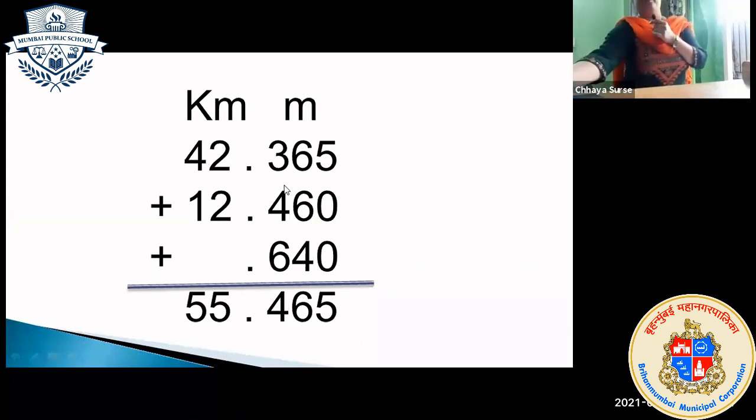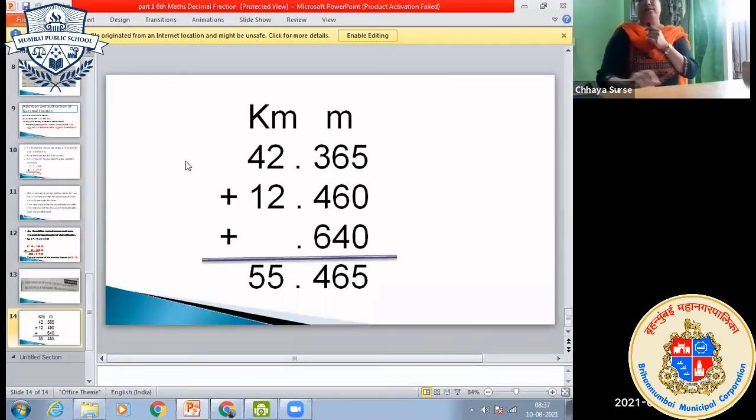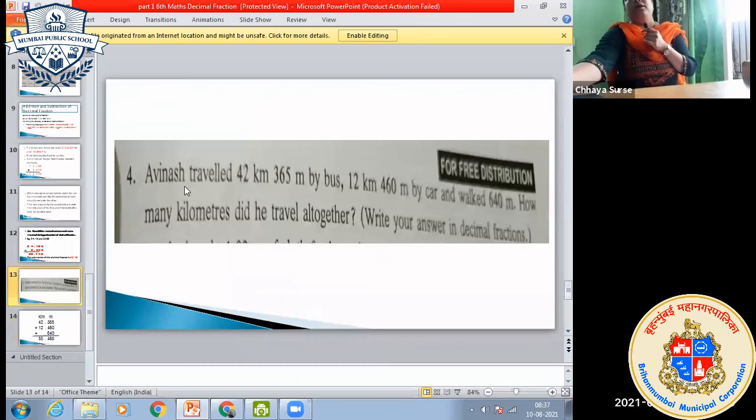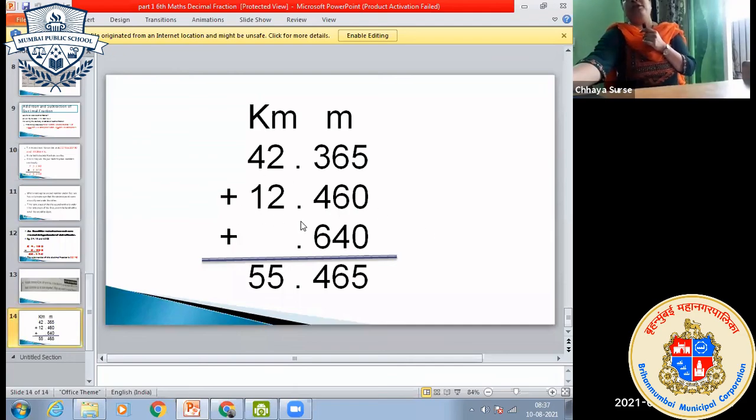Now here, kilometers by bus, by car, by walk. He traveled 42 kilometers by bus and 12 kilometers and 460 meters by car. Kilometers and meters we show with the decimal point.